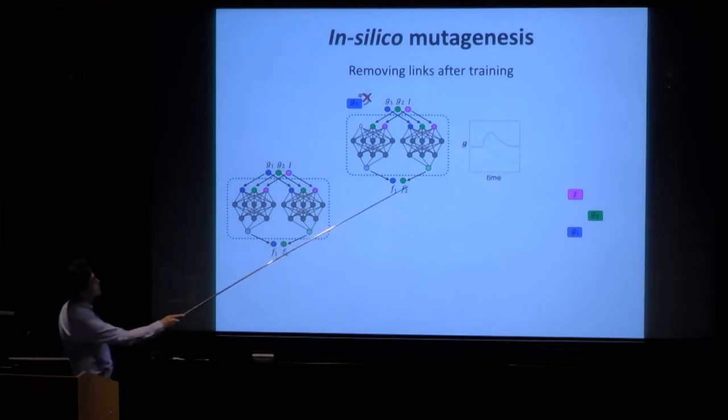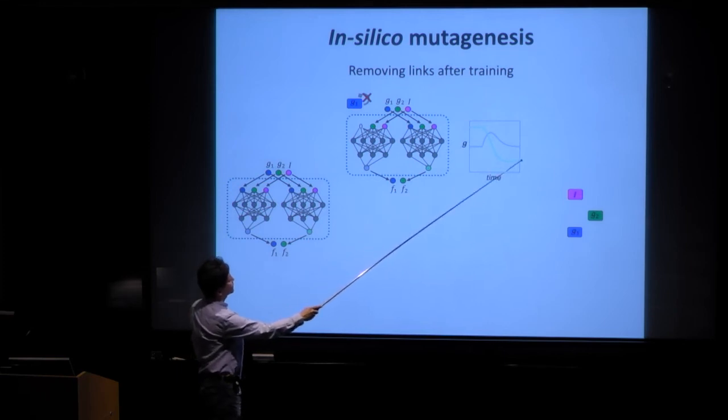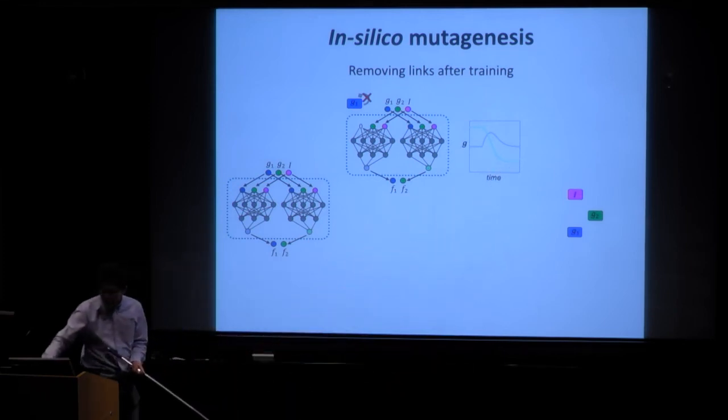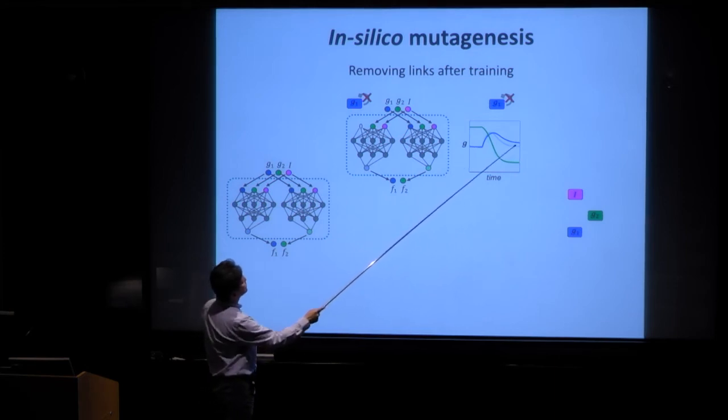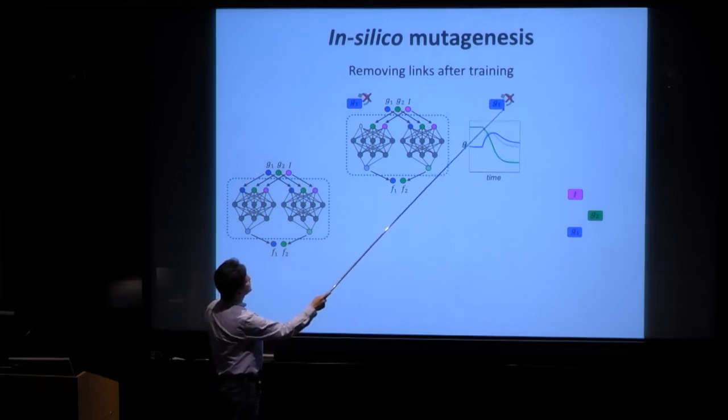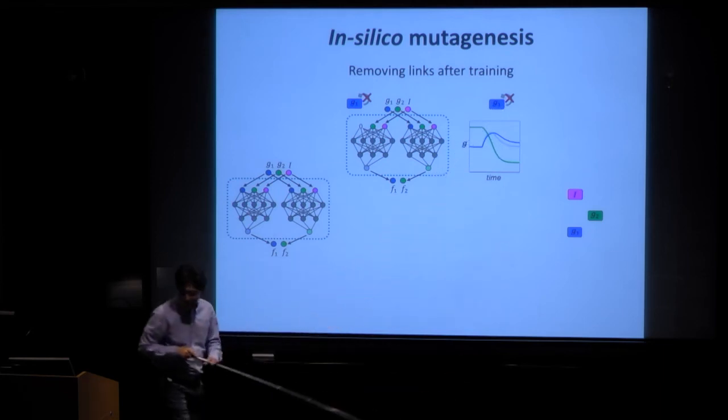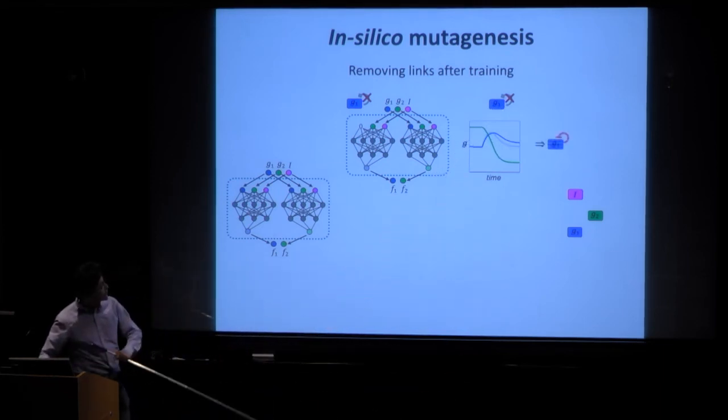This is a Y-type adaptation, right? After knockout, the G1 goes up, which means it represses itself. After knocking out the repression, this goes up, right? So I know that G1 will repress itself.